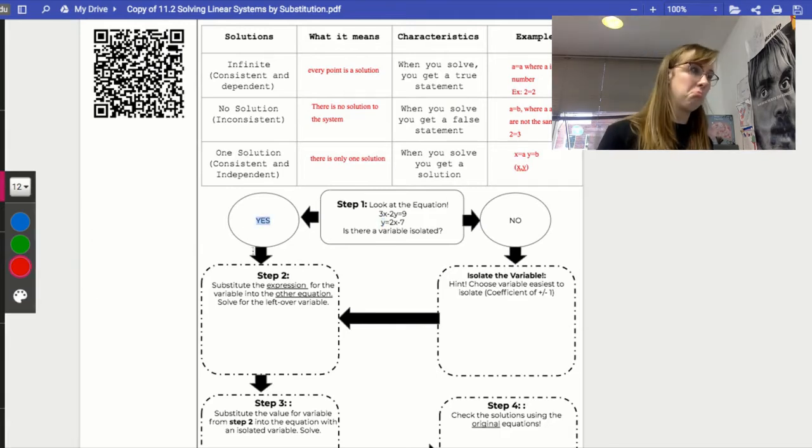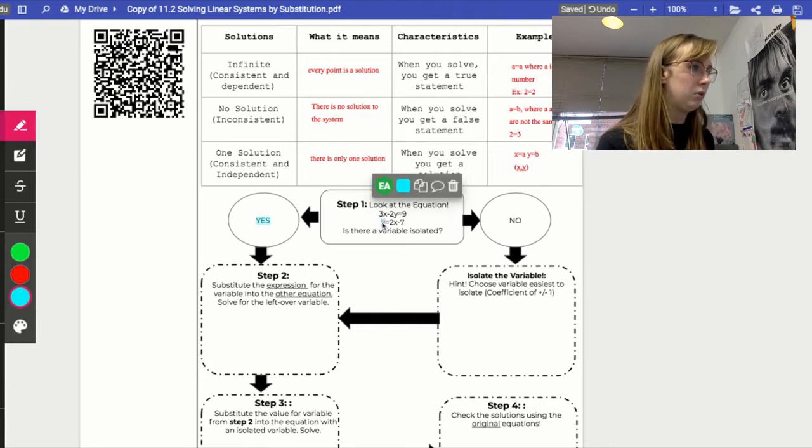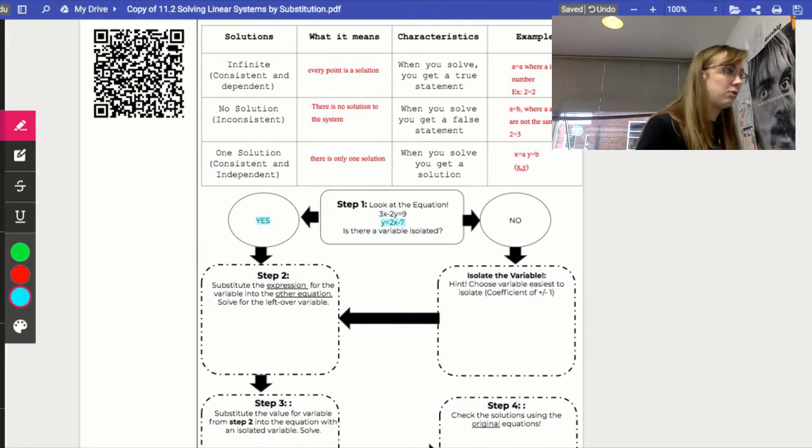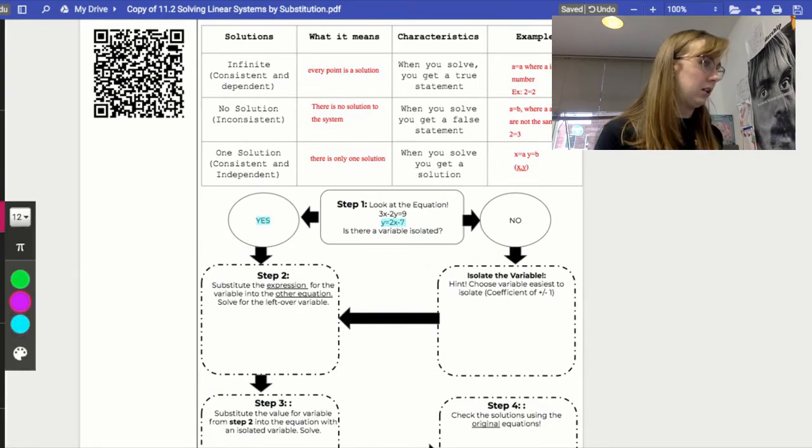So now we're going to get into the substitution. Since I know y is alone and isolated, and y is equal to 2x minus 7, I'm going to take that and substitute it into the other equation for y.